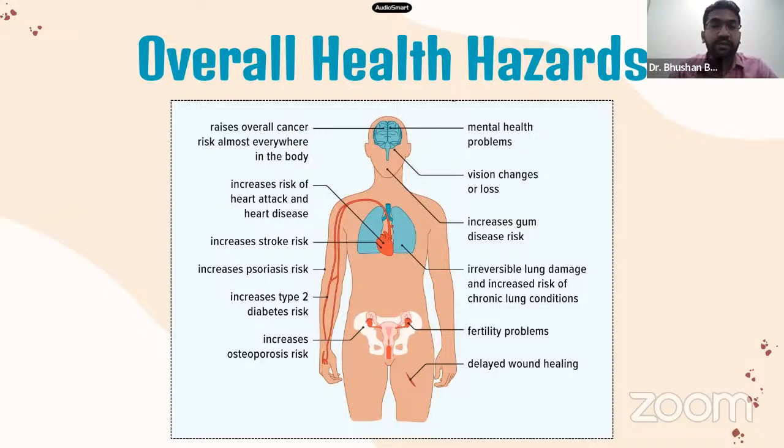Vision changes or loss, that is cataracts, are known to occur more in people who chew or smoke tobacco. There is an increased risk of heart attack because tobacco makes the blood vessels, the pipes which supply blood to other organs, become small. So the blood is not able to reach the organ it has to reach, and that increases the risk of heart attacks and heart disease.